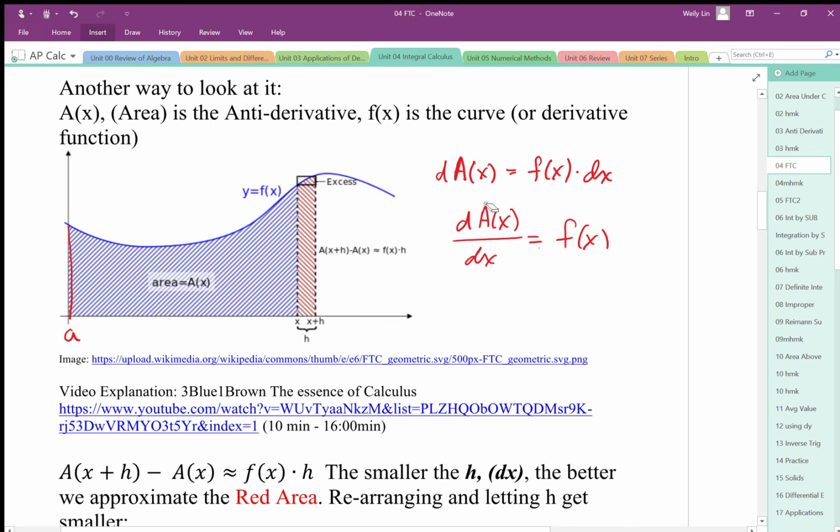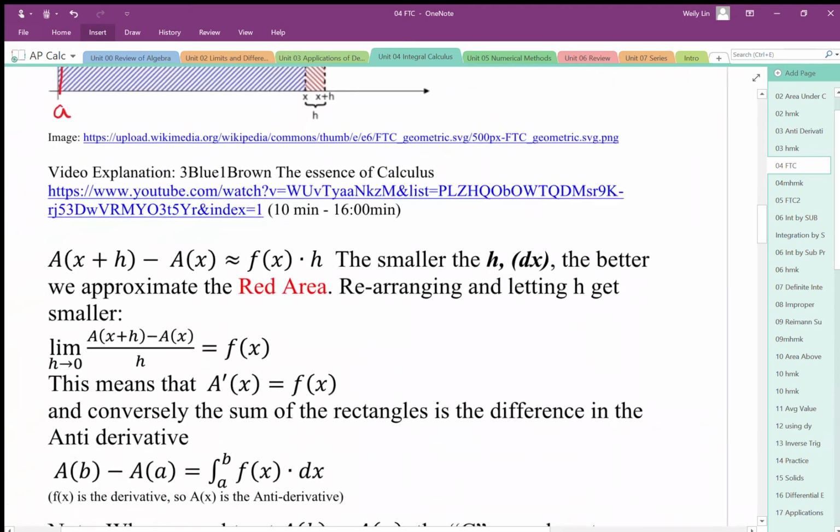Well, that is the derivative of the area function. The derivative of the area function must be f of x. So that line there must be a derivative function. It's the derivative of this area function in here. And we can establish that algebraically, and we can establish that conceptually as well. And so that's the idea here.